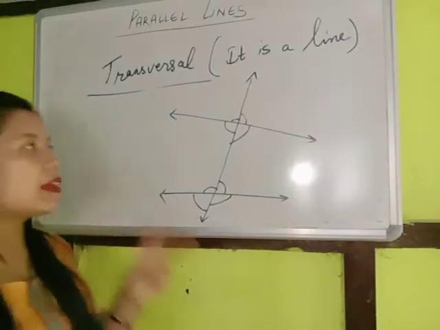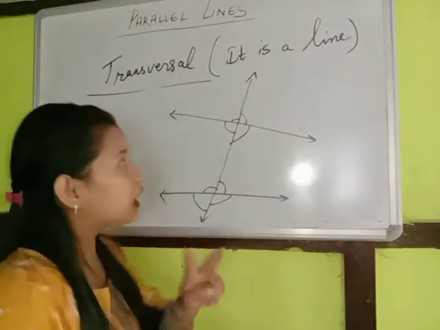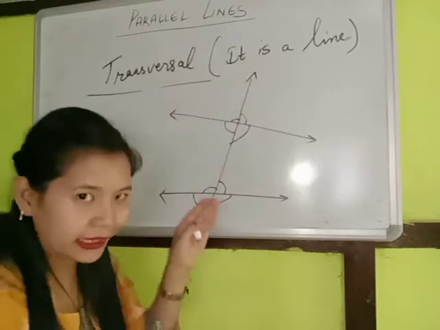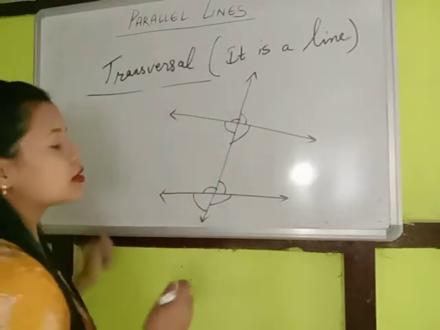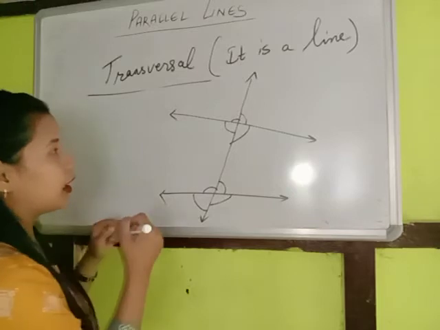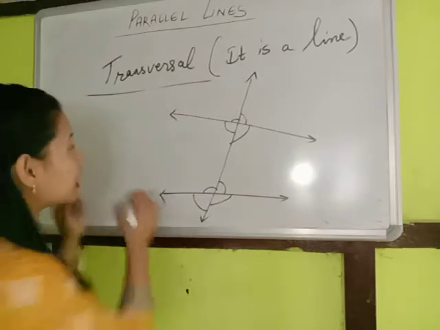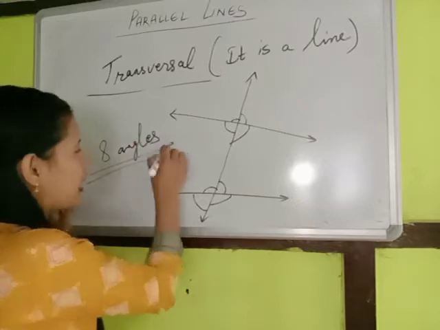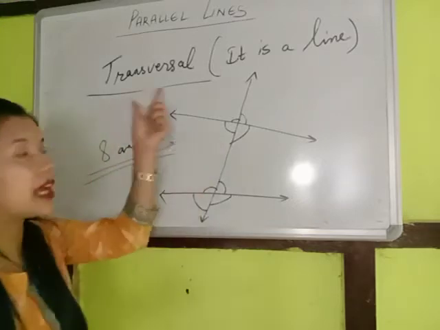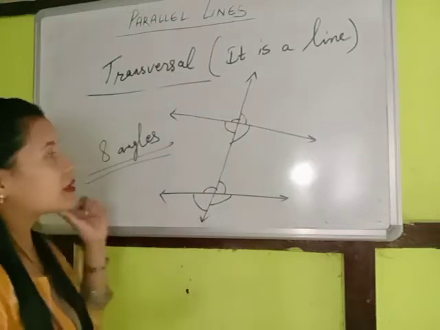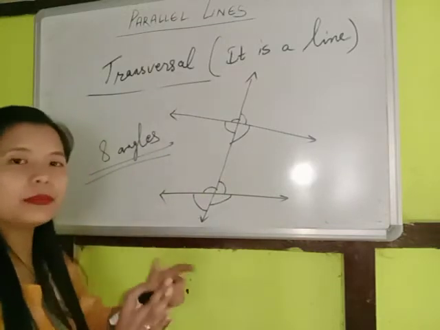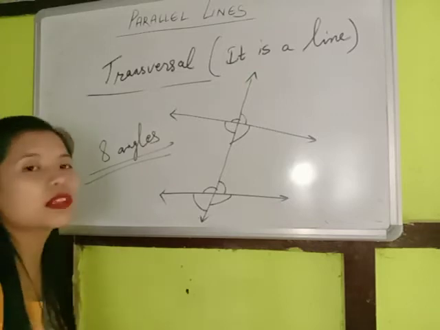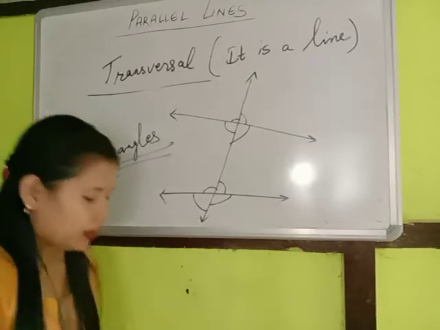So when two straight lines are cut by a third line, a transversal, it forms certain angles, in particular 8 angles. These angles formed by the transversal possess some properties and some names. We'll learn one by one what these angles and properties are.